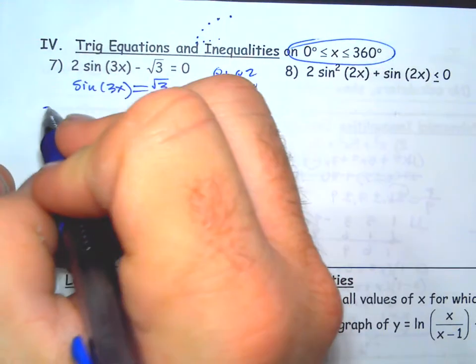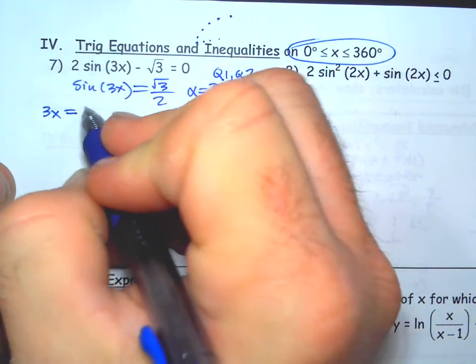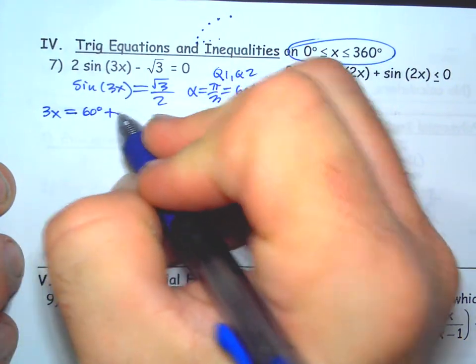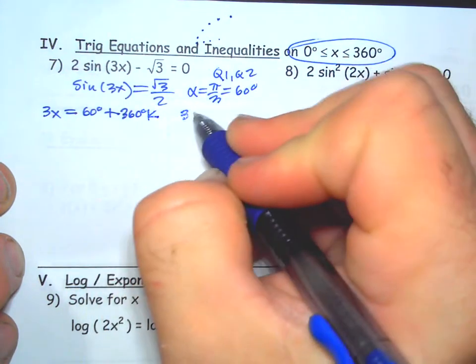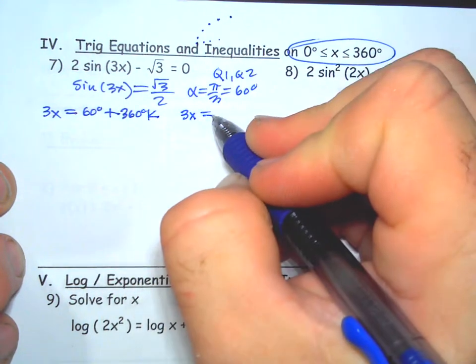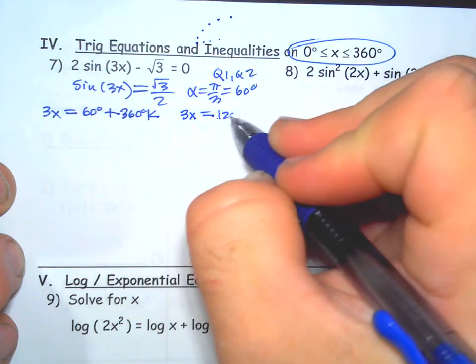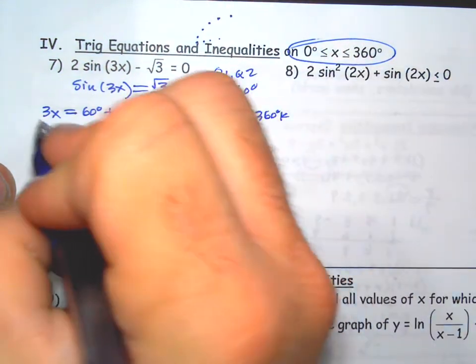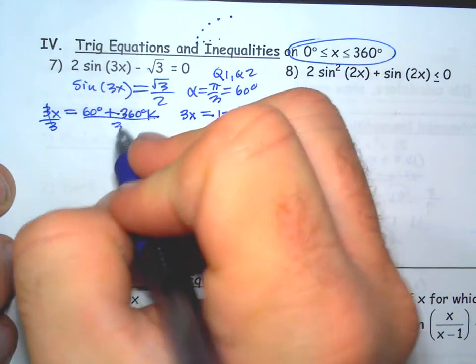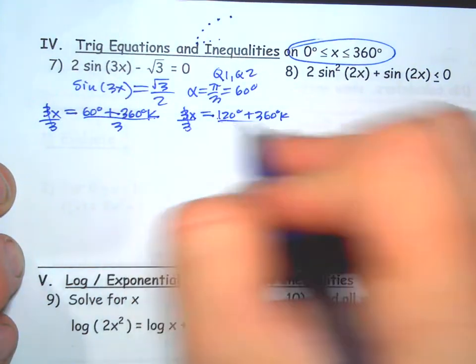So we're going to do 3x equals 60 degrees plus 360k, and 3x equals, quadrant 2 would be 120 plus 360k. And we divide by 3. Solve for x now.